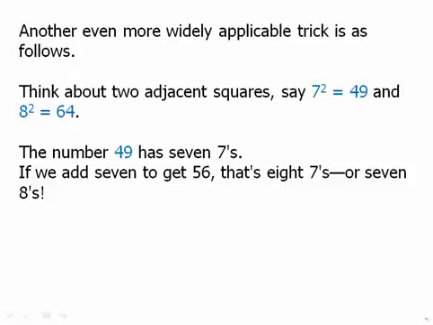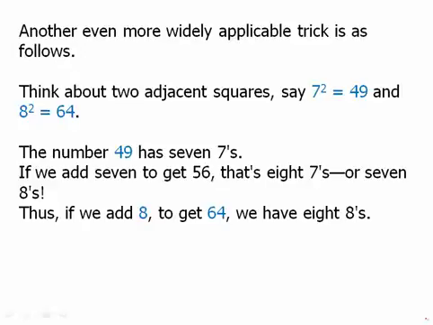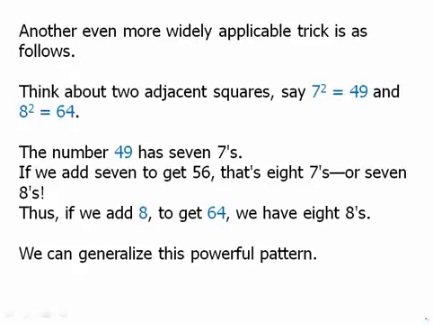The fact that 7 times 8 is 56, we can think of it as 7 eights or 8 sevens. Well, because it's 7 eights, if we want 8 eights, all we'd have to do is add 8, and then we get 64. So in other words, we start with 7 squared, we add 7, we add 8, and that brings us to 8 squared.